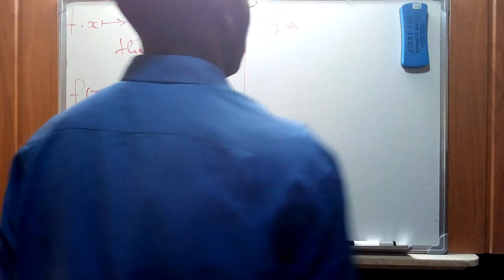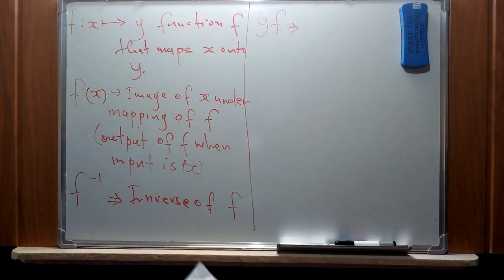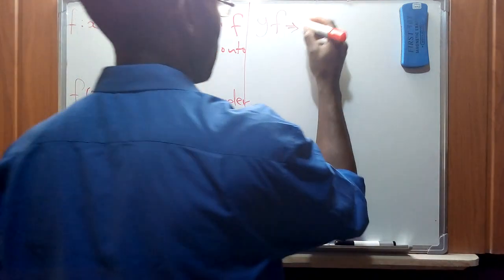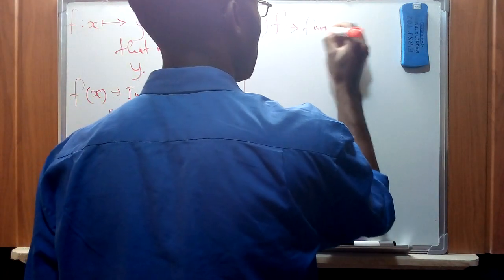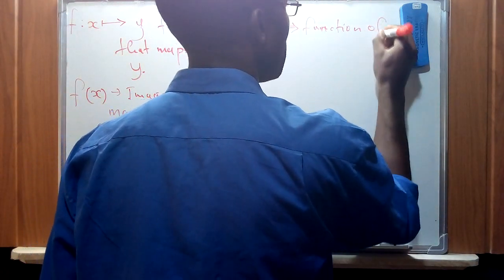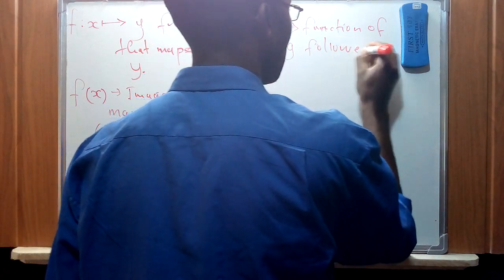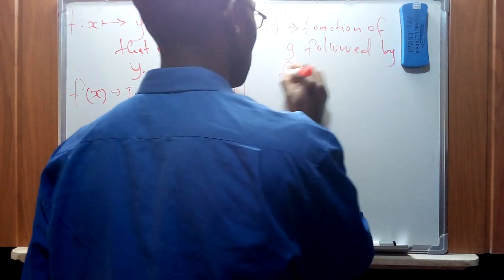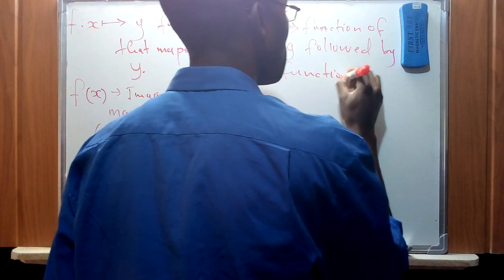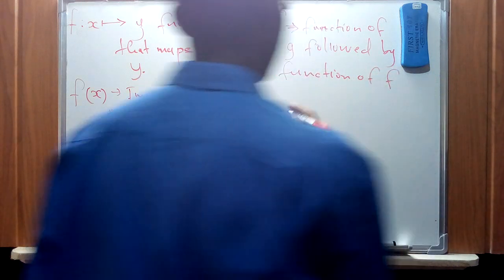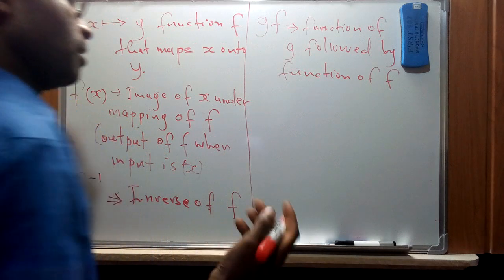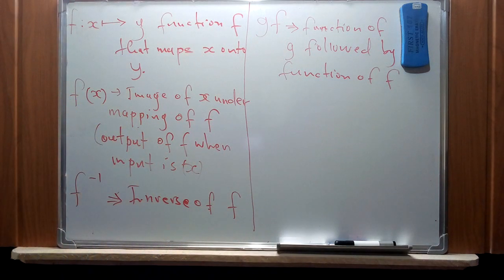This one generally refers to the function of F followed by a function of G, or a function of G followed by a function of F. This can be interchanged in other cases where F and G start first, but we're going to see that in case we come across those.